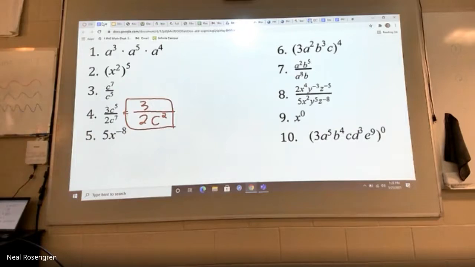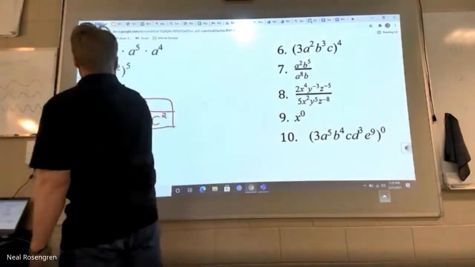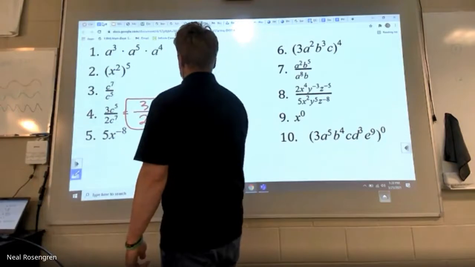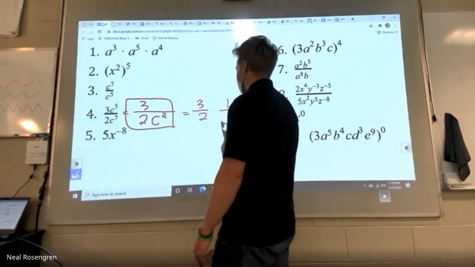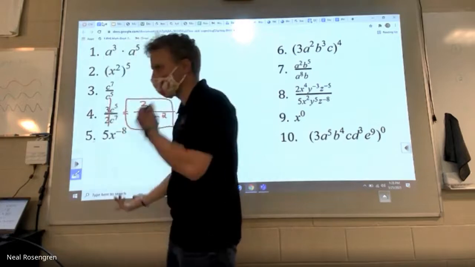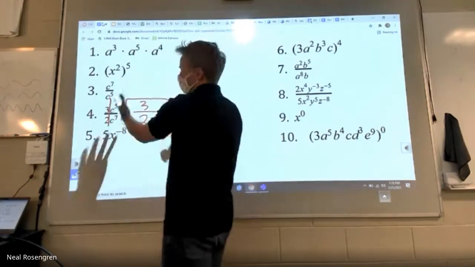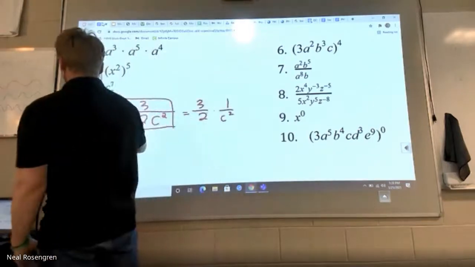I can make one big long fraction, whatever it is, rather than saying, and it's true, I'm not going to write it, but this is 3/2 times 1/c squared, right? Where I break things apart and deal with them separately. That's just what I do in my mind. When I write it down, I put them all together.